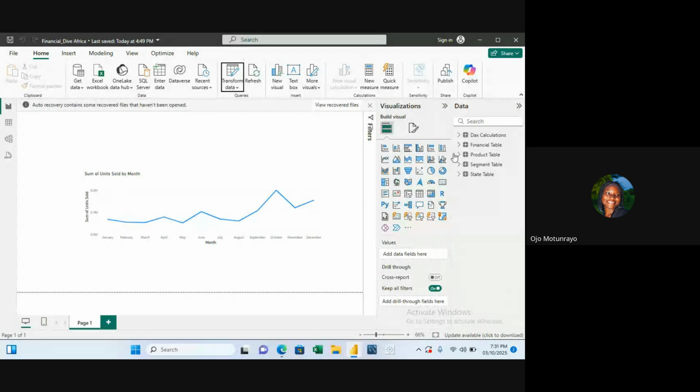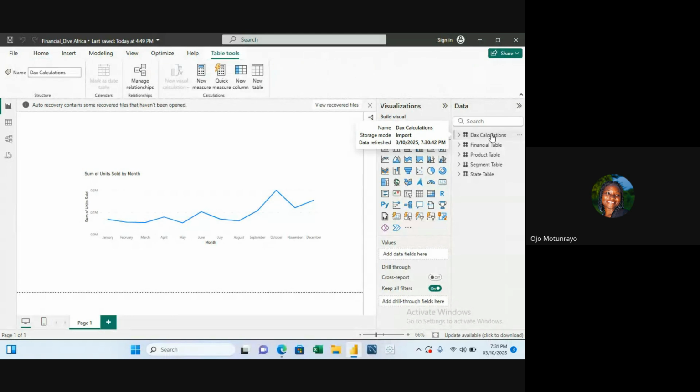So you can see that our calculations have been created here. We can see it here. Now we want to start writing our measures. You can write your measure on your table view, or you can write it on your report view also.